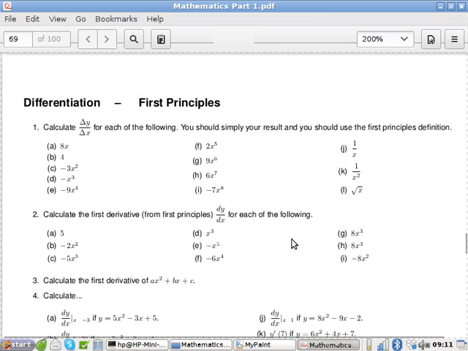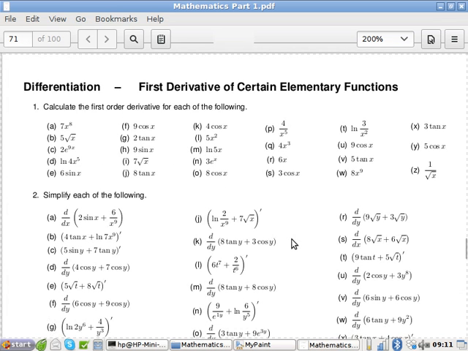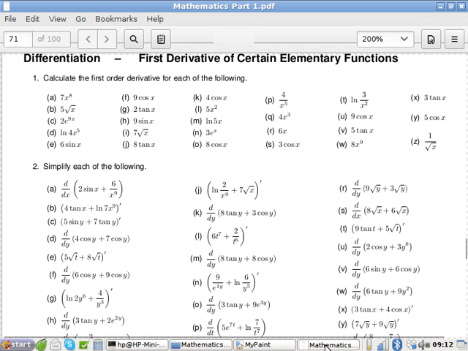Okay. So last time we were looking at first principles. Now we're going to have a look at derivative by rule. Who remembers what the word derivative means? This is a maths class. Derivative, noun. What does it mean?